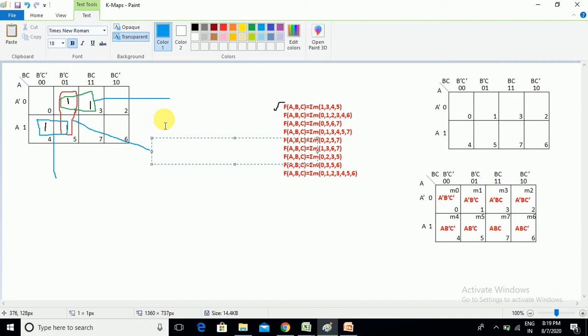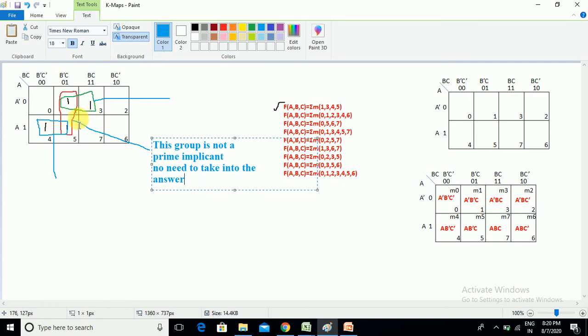This is not a prime implicant, so there is no need to take it into the answer, because its 2 cells are overlapped with the other groups.